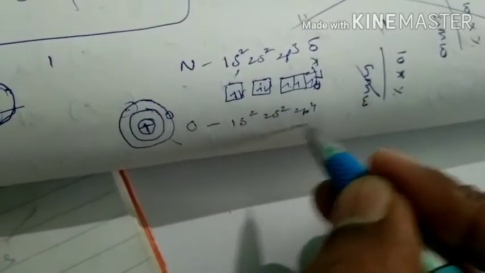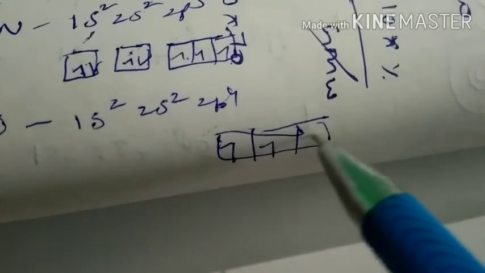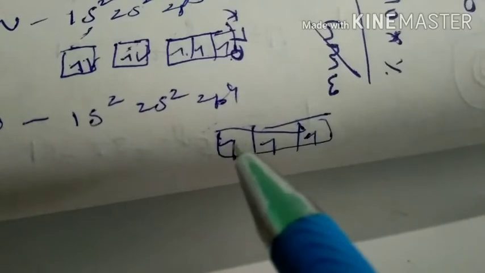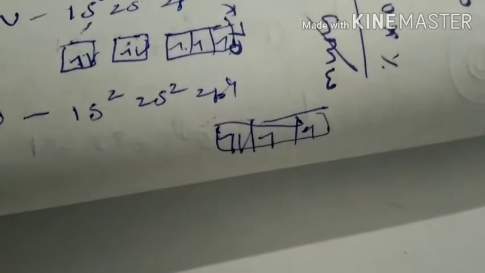But in 2p4, how many electrons? In p, 4 electrons are present. There are 1, 2, 3 filled up to here, each orbital. Then pairing takes place. That is the meaning of that statement.